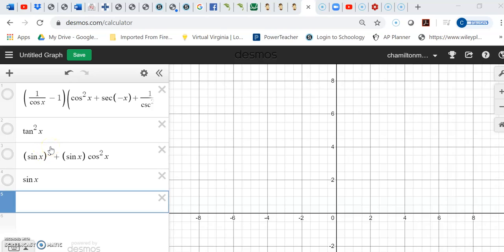Desmos only allows you to put a square in the location like I've done here and down here for the cosine squared x. They do not recognize when the power is higher than a square. So if you're going to use another power, you need to put it in with parentheses, sine of x cubed. All right, so I'm going to turn that on, and oh, look, doesn't that look like our nice friendly sine of x? And so we do have that correct.